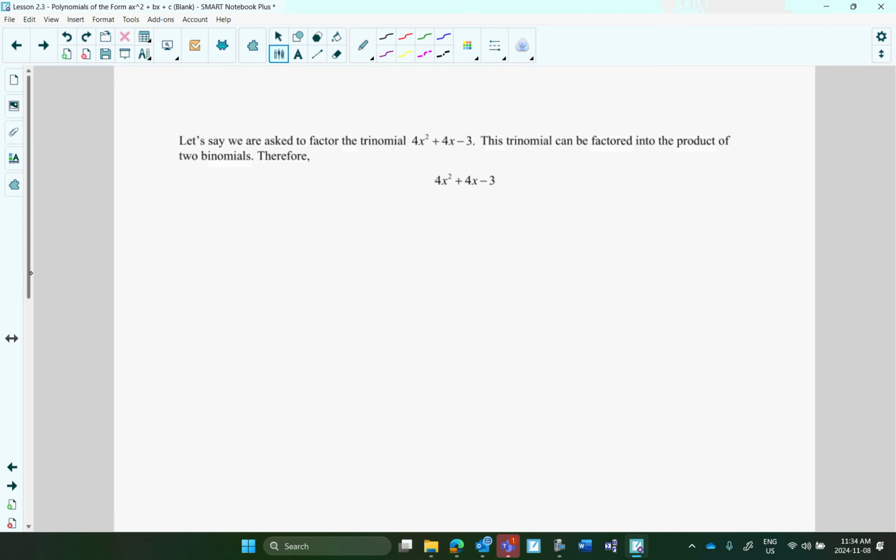Okay. When I see this trinomial, I know it's going to look like this. But I can't just do x and x because there's a number in front of the x squared. So this is where I got to do the kind of guess and check thing, the rainbow thing.